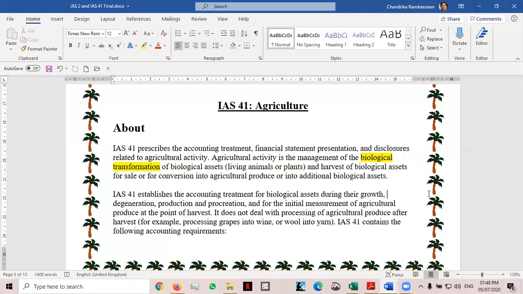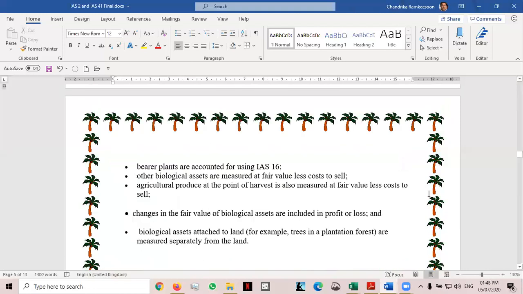IAS 41 contains the following accounting requirements. Bearer plants are accounted for under IAS 16. Other biological assets are measured at fair value less cost to sell. Agricultural produce at the point of harvest is also measured at fair value less cost to sell. So up till that point, at the point of harvest, it is still considered under IAS 41, and therefore we must use the fair value less cost to sell valuation approach.